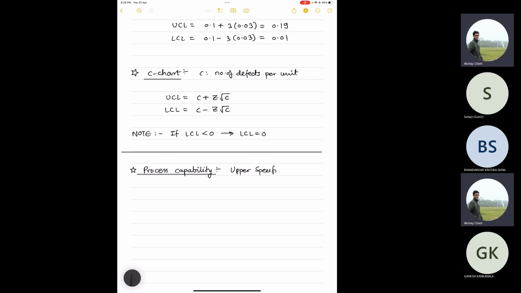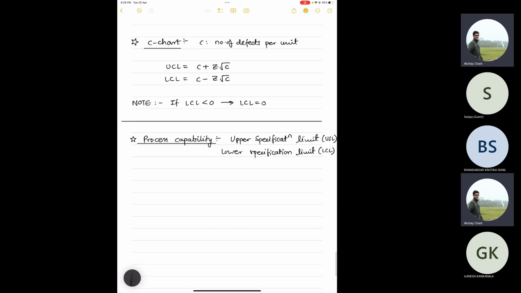specification limit, which is called USL, and then there will be some lower specification limit. This will be provided by the customer in this case. This is not your job anymore. So some graph like this will come in this case.